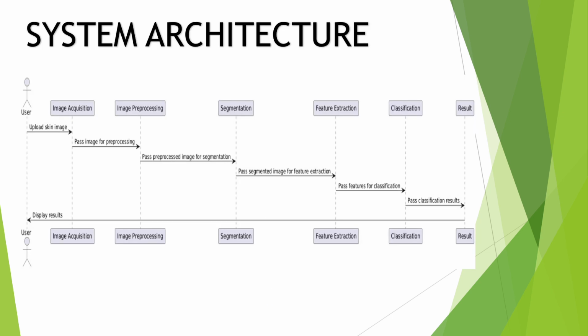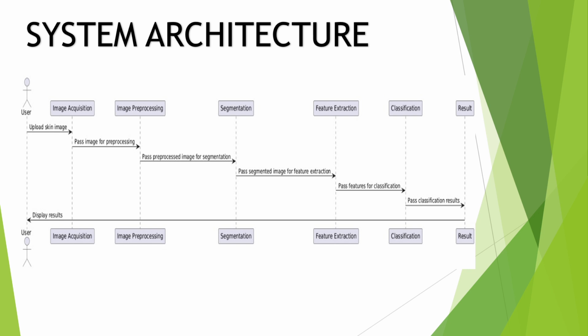Coming to the system architecture. The architecture shows a skin image analysis pipeline. The user uploads a skin image, then the system acquires images from the user. The acquired image is pre-processed to enhance its quality and suitability for analysis.